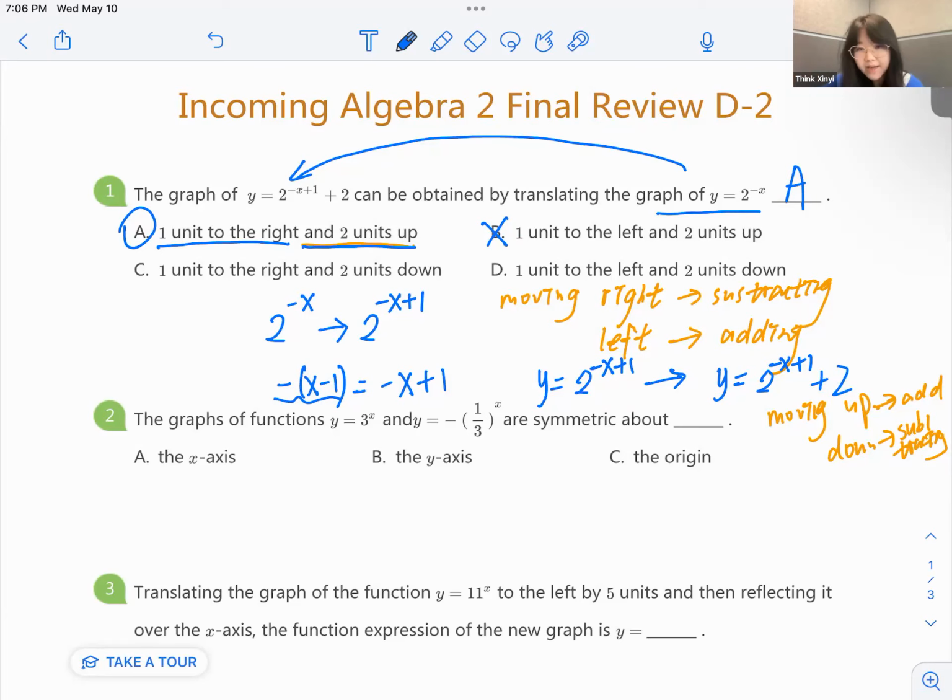And if it's moving right, then you need to subtract the units of the translation from the x value. And if it's moving left, then it's adding, okay? So you need to remember this. And this is also a very important knowledge point in the translations of different functions. So the same rules apply, no matter whether it's a quadratic or exponential function, okay?